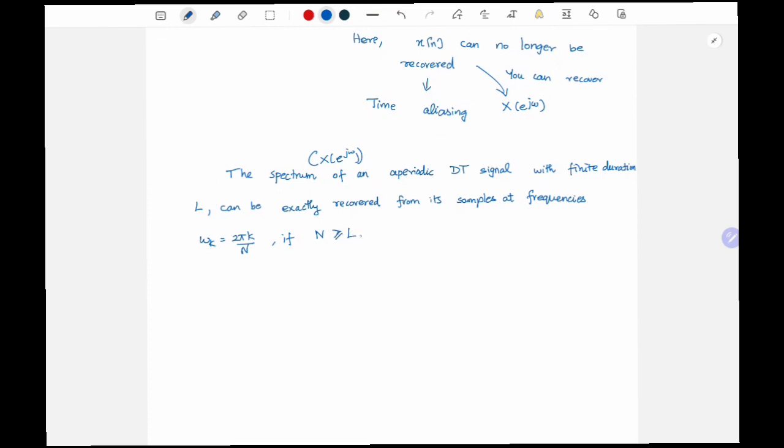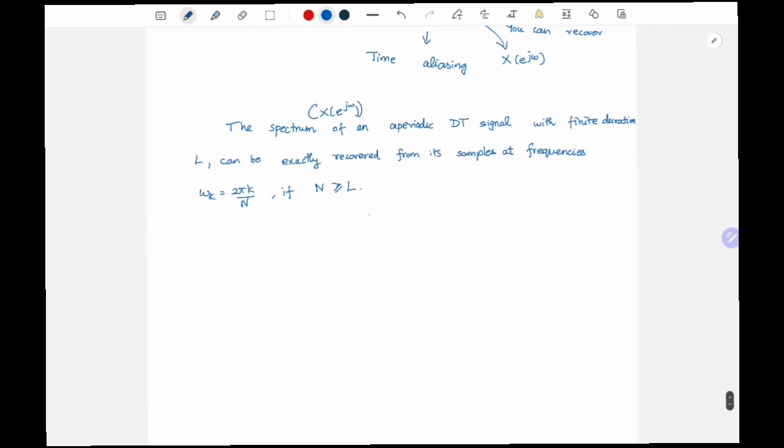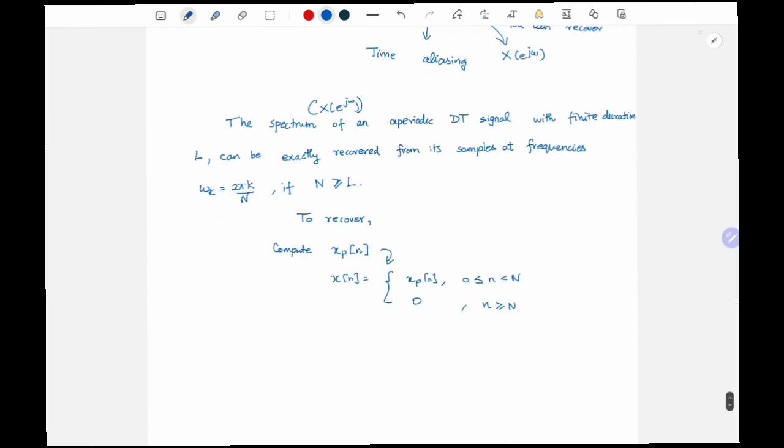So this is my condition. And how do you recover? You need to compute xp of n. And once you have xp of n, you can derive x of n as xp of n for 0 less than or equal to n less than N, and 0 for n greater than or equal to N. So compute xp of n and then use it in this formula.